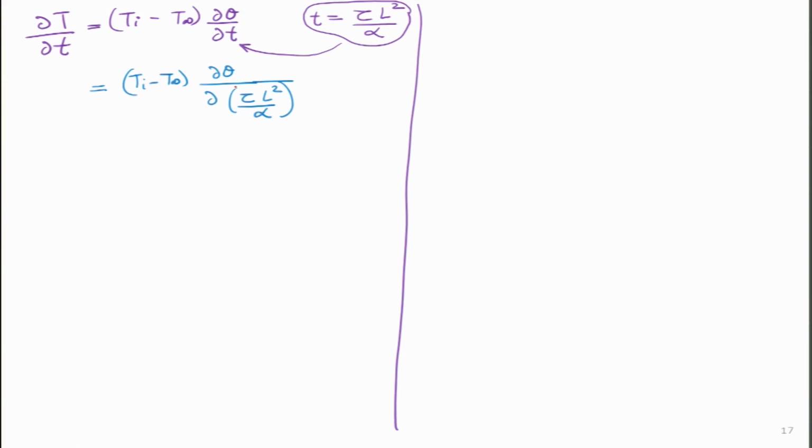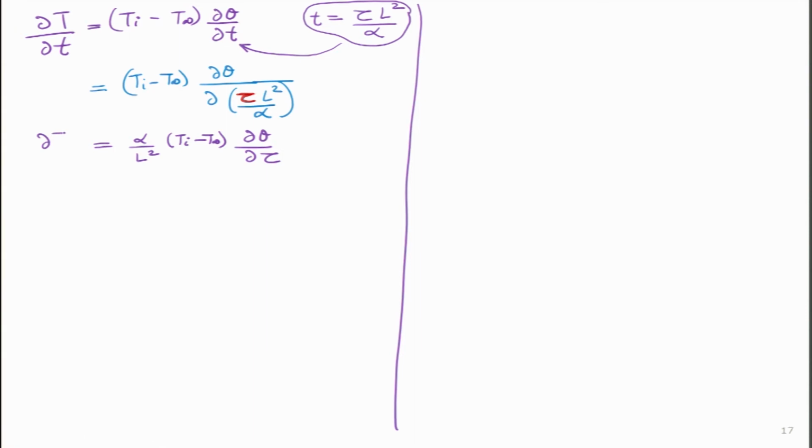Now the only thing which is a variable in this bracket over here is tau. So tau is the only variable, which means I can't take it outside, but the rest of the things I can always take outside. So if I take them outside, what I will get is alpha by L square into T I minus T infinity del theta by del tau.